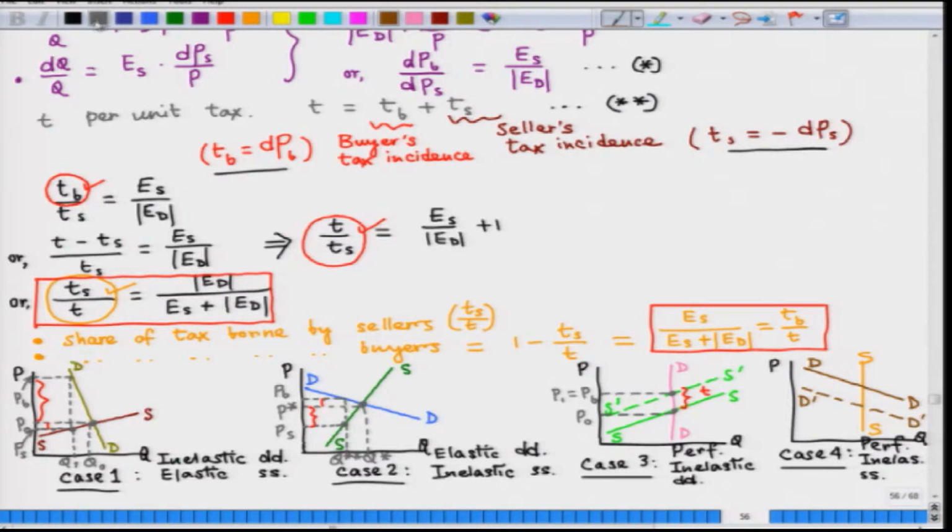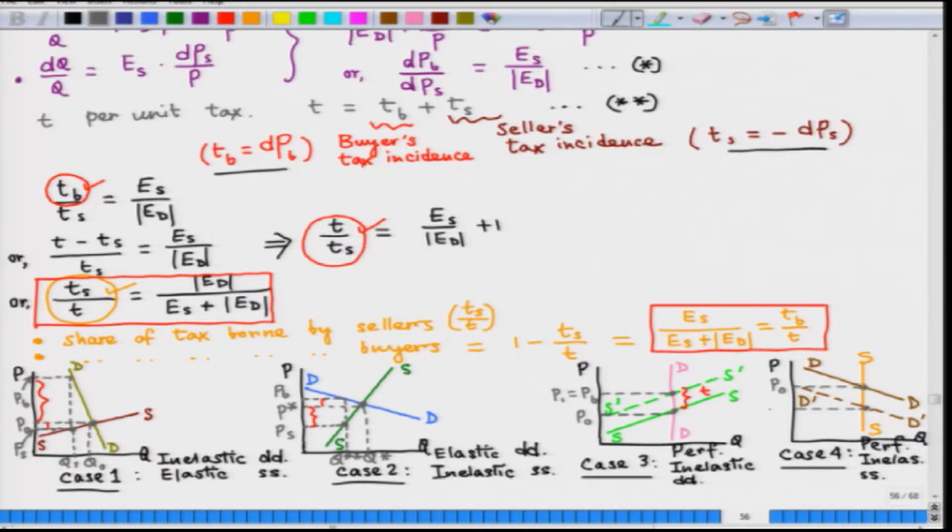And you note that the initial market equilibrium is obtained at the intersection between the original demand function and the original supply function, and the price is say P star or P naught, whatever you want to call it, and the changed market price will be obtained by the intersection of this new demand function and the old supply function.